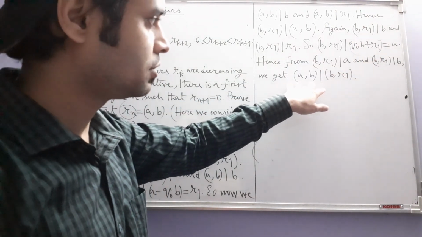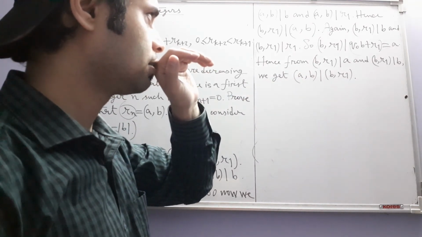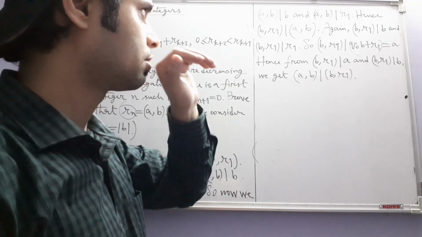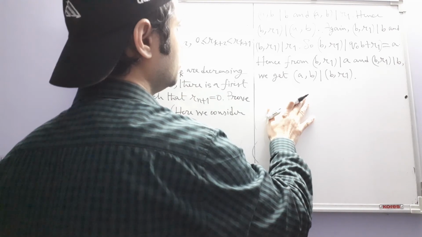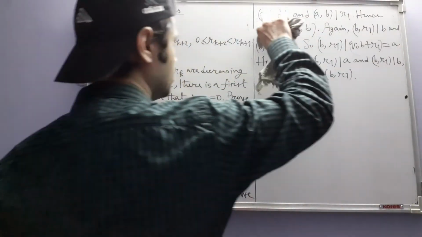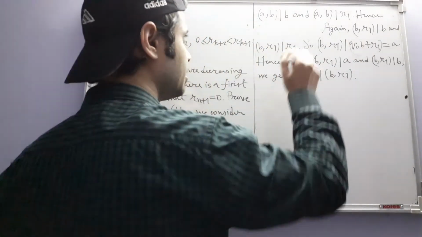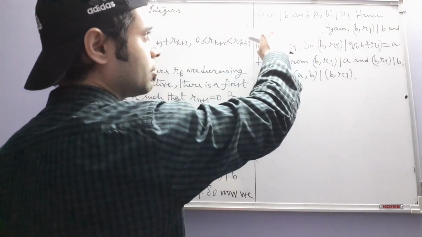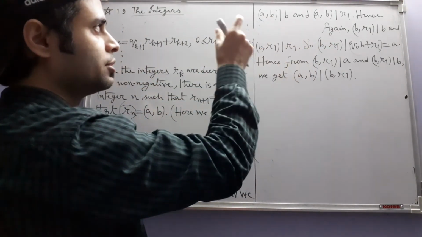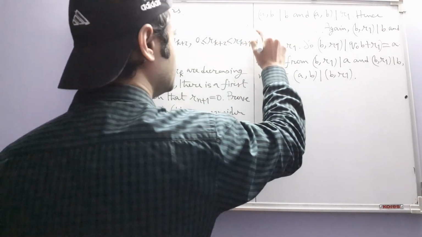So by the definition of GCD of A and B, no, I think I have written the wrong conclusion. Wait. Oh, here I have made a mistake. Sorry about this. I have written exactly the opposite thing. This is a common divisor of B and R1. So this has to divide the greatest common divisor of B and R1.